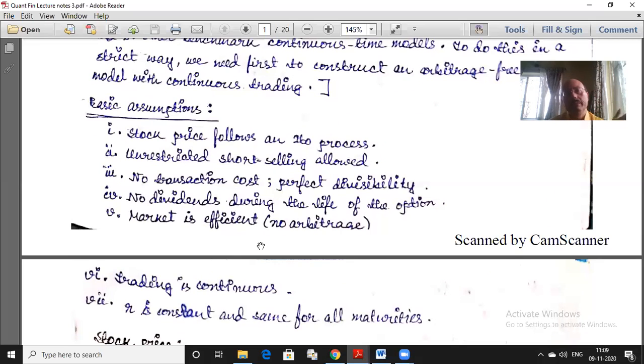These are inherited from the discrete time model. But because we are in continuous time now, we have to take a few more assumptions. First and foremost is that the stock price follows an Ito process. And also we say that there is no lag between the decision and the execution of a trade. So trading is continuous.